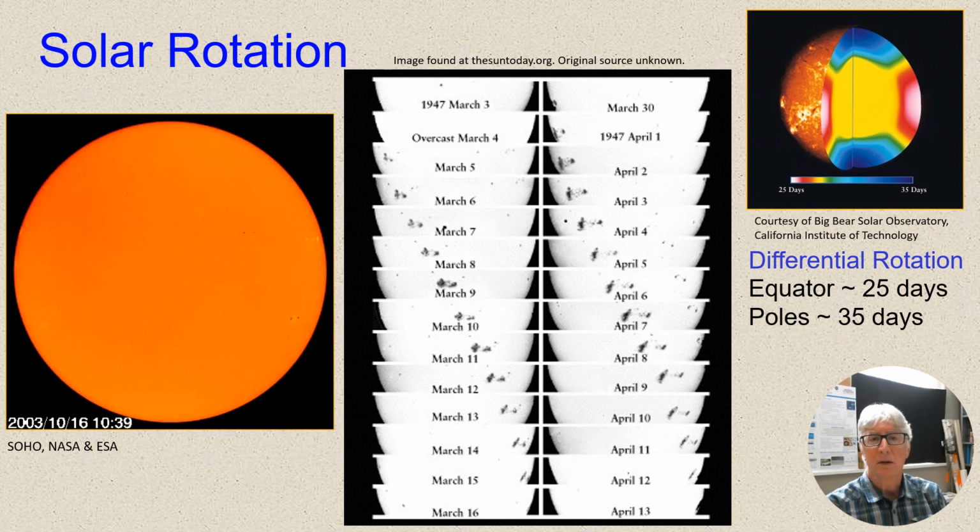Now modern measurements tell us that the sun rotates differentially, which means that because it's a gas body, it does not rotate like a solid object. It rotates faster at the equator, taking about 25 days, and more slowly near the poles, about 35 days.